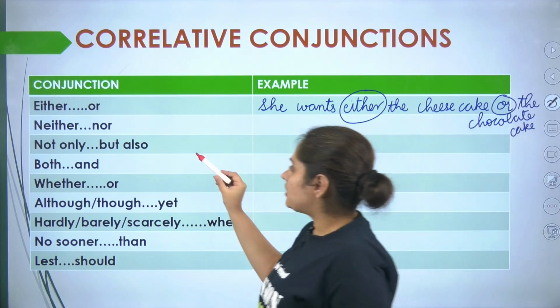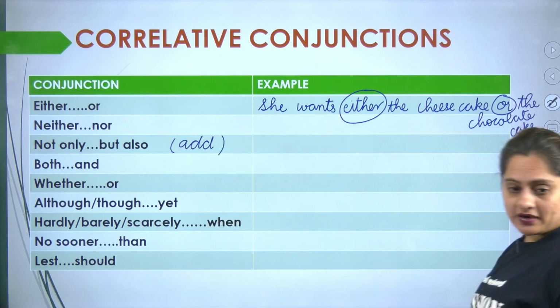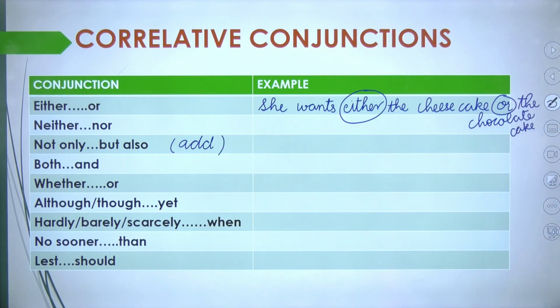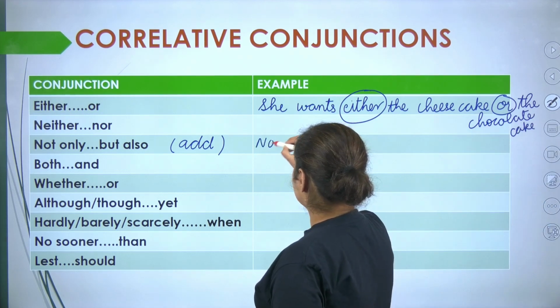Not only but also, when you add a point. When we use not only but also as a pairing, how will you use it in a sentence? To add a point. So let's see one sentence with not only but also, just to let you know. Very common usages. Not only was it raining all day at the wedding, but also the band was late.